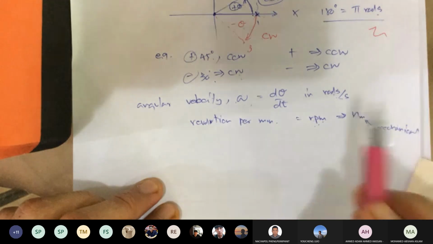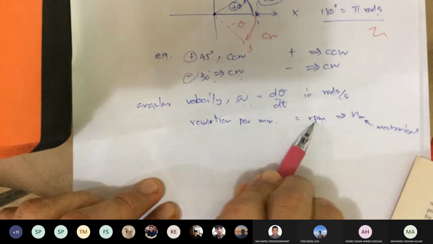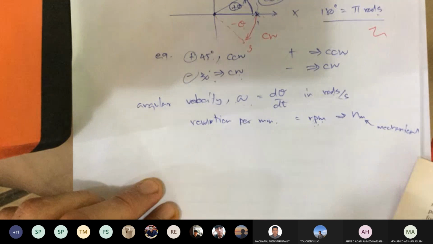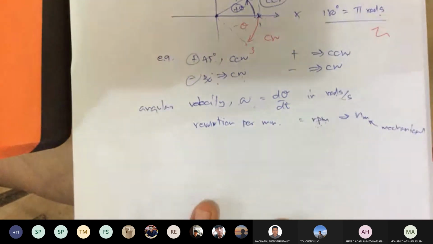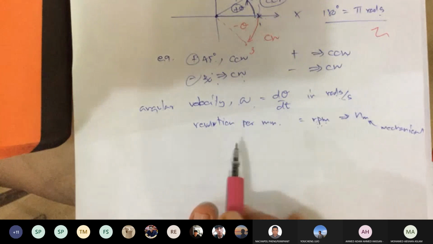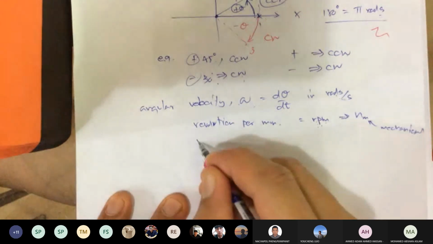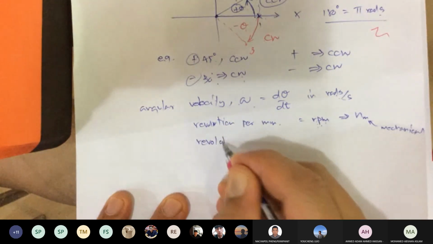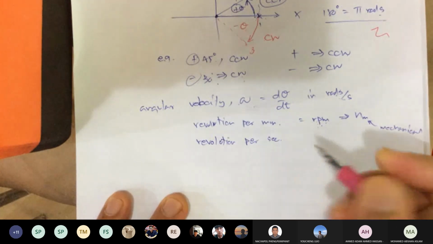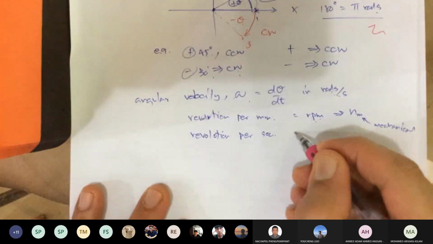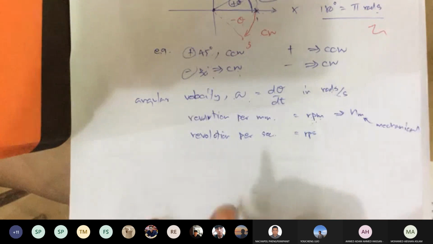So this is also angular velocity. And an even more interesting unit that all of you know already is revolutions per second, RPS, although you don't see this a lot.